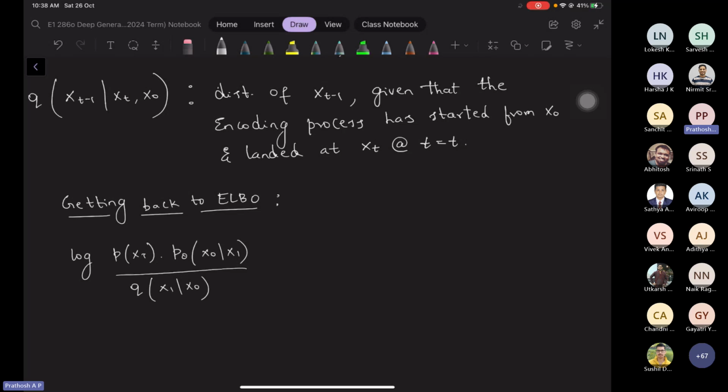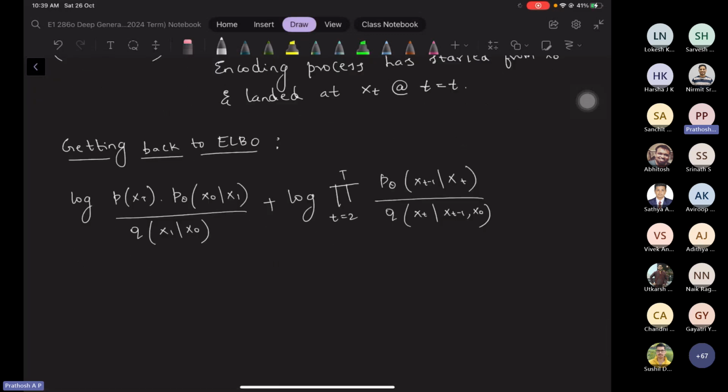This was the first term. The second term was plus log of the product from t equal to 2 to capital T, where the numerator was p theta of xt minus 1 given xt, divided by q of xt given xt minus 1 and x naught. We just conditioned it on that.